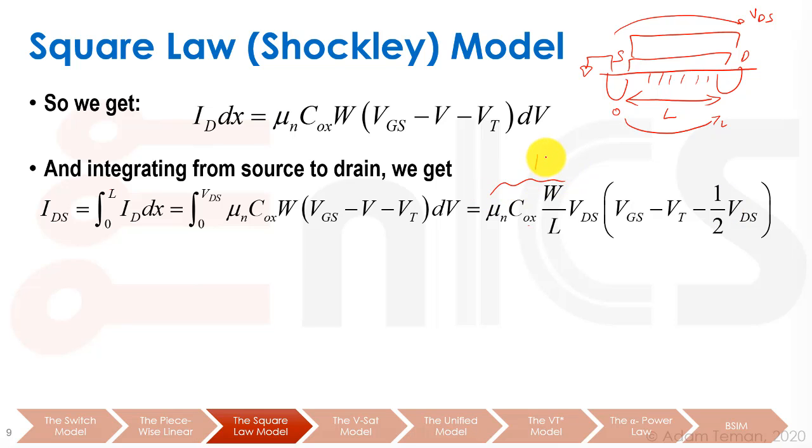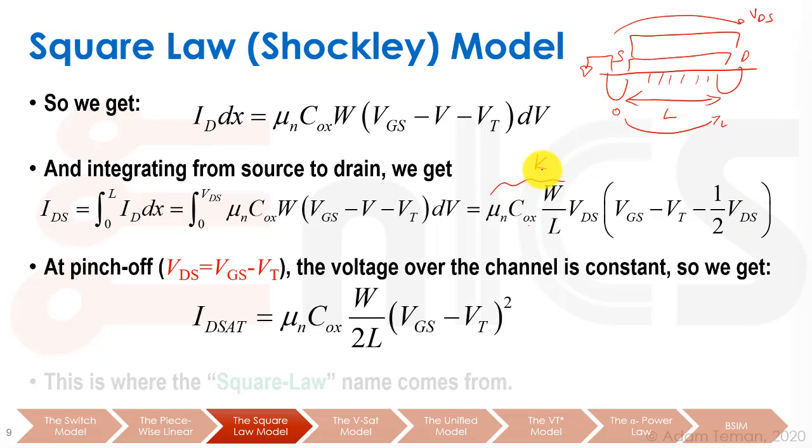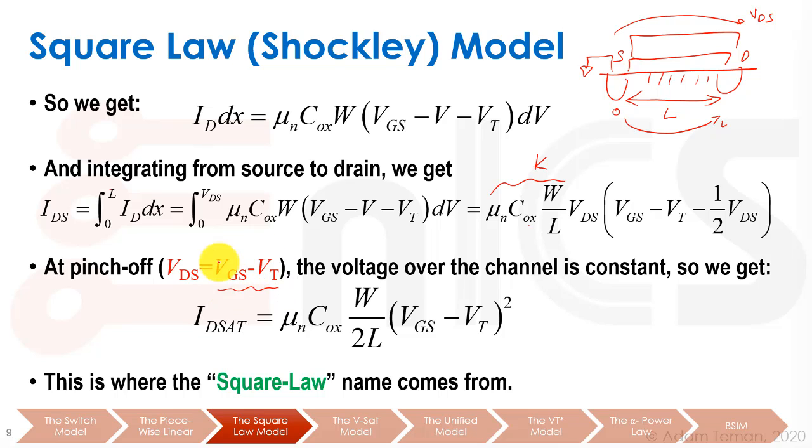This we called K, or transconductance. At pinch off, that's where we saturate. Pinch off, we said, is at VGT, or VGS minus VT. We know that the voltage over the channel is constant, so we can substitute VGS minus VT for VDS inside this formula over here, and we get that the saturation current, which is IDS for VGS minus VT, is just K over 2 times VGS minus VT squared.